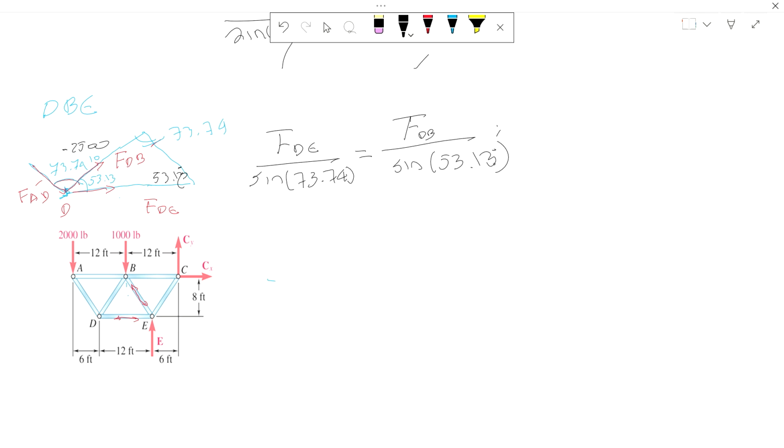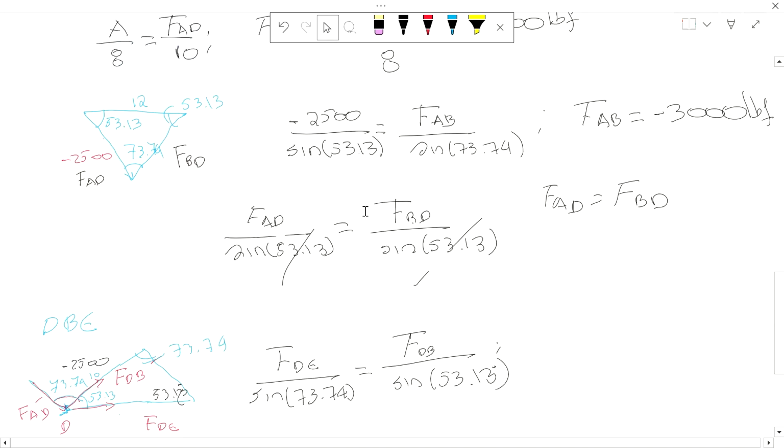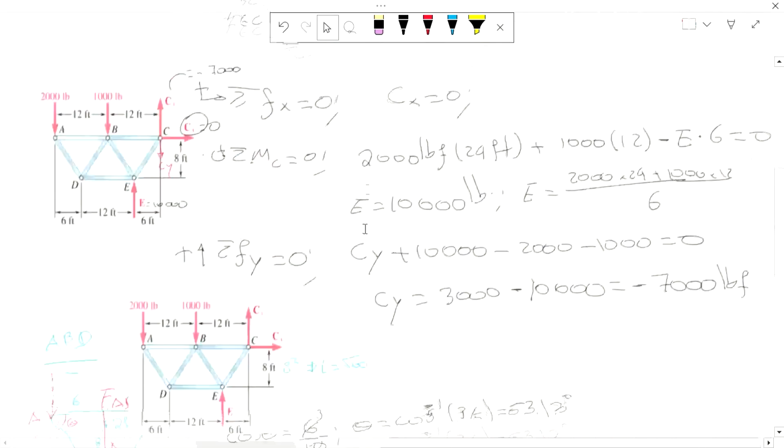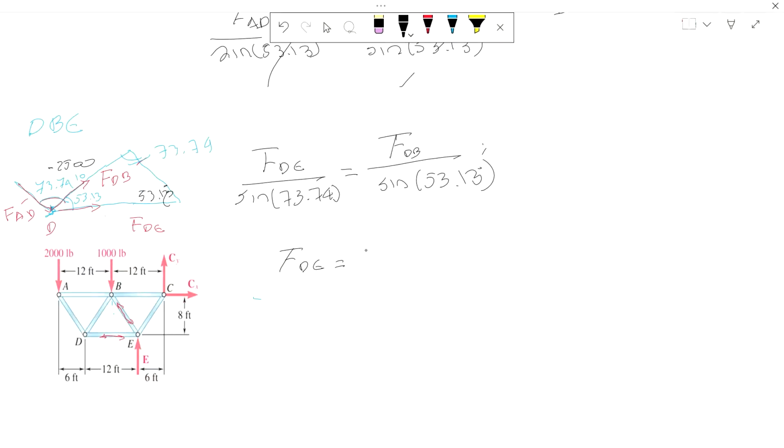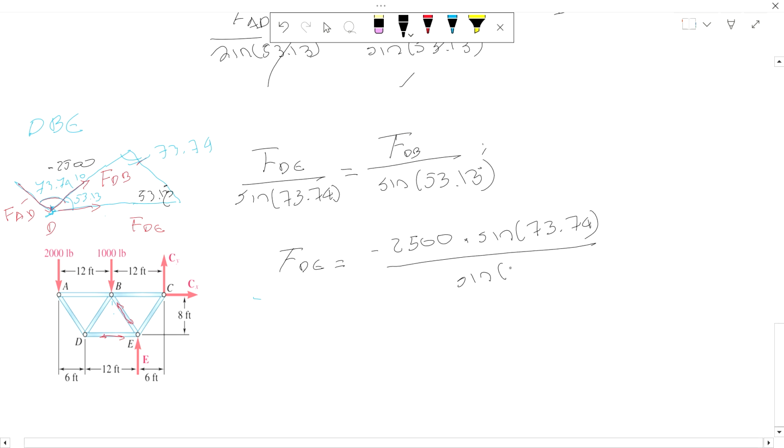Okay, so in that case, we just need to compute F D to E based on F D to B, which is basically F D to E is equal to F D to B, which we had up here, D to B is negative 2500, negative 2500 times sine of 73.74 divided by sine of 53.13. All right, let's do this computation.